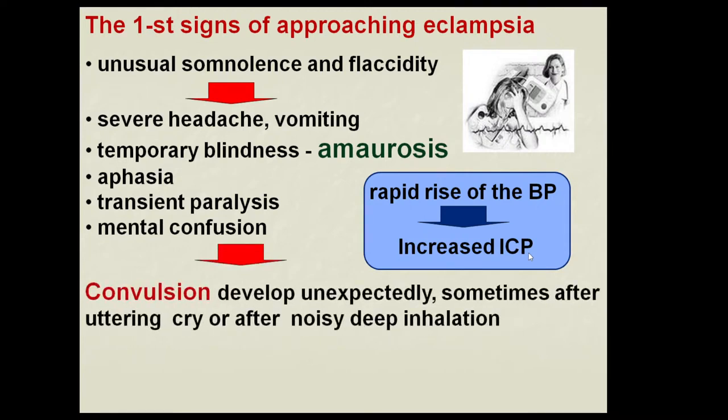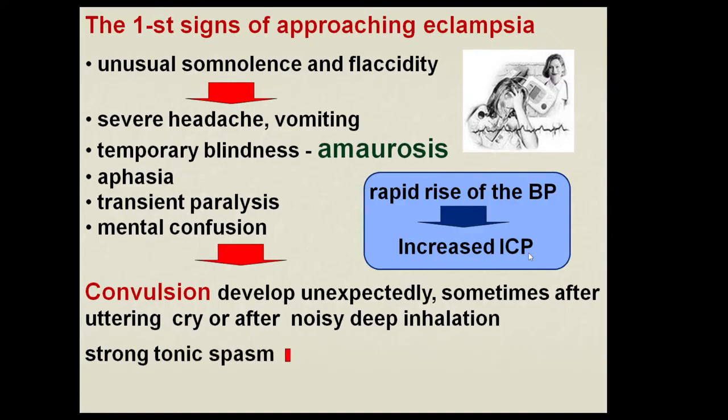The patient falls, and we see convulsions which develop unexpectedly, sometimes after uttering a cry or after a noisy deep inhalation. We see the patient suddenly deeply inhale and fall.